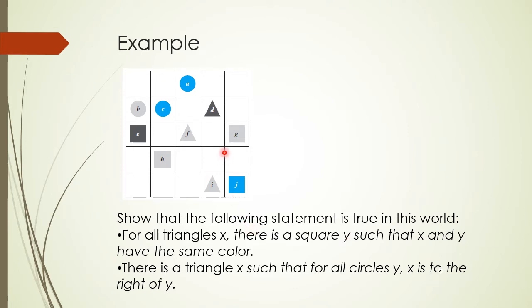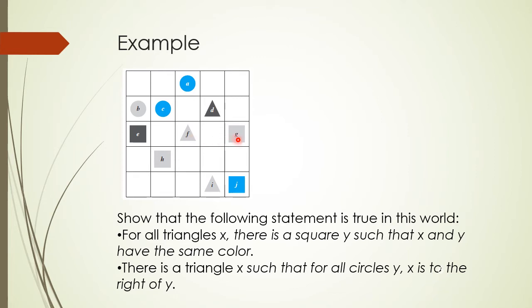We start from triangle D, and can you find a square having the same color as D? Yes, square E has the same color as triangle D. Now we come to triangle F. Can you find a square having the same color as triangle F?